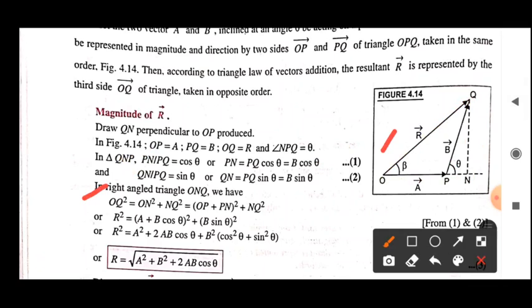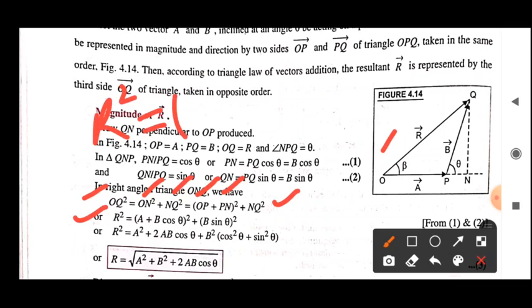So hypotenuse square is equal to base square plus perpendicular square. The base is ON, the perpendicular is NQ. ON can be written as OP plus PN, and NQ remains as it is. Now OQ is equal to R, so it will be R square. So we can write R square equals ON, that is OP plus PN.